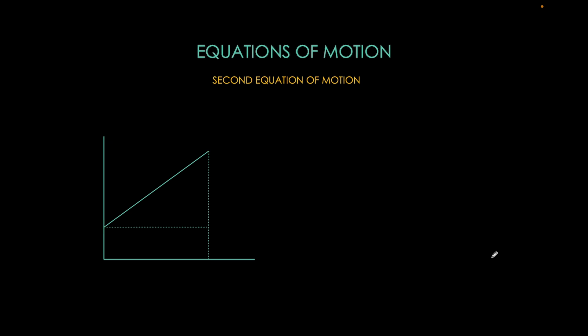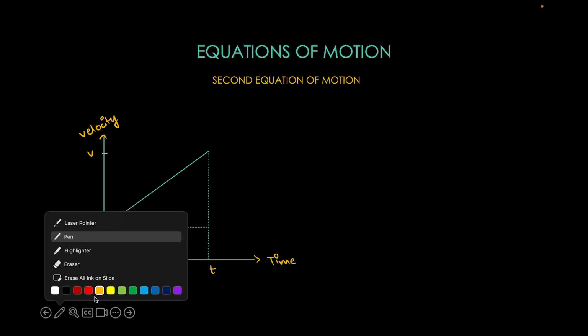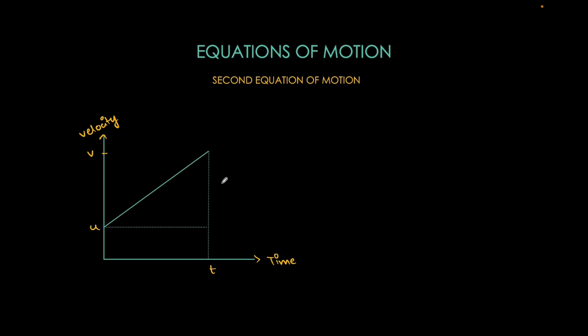So we'll have this same graph, okay, and it will be the same velocity time graph. So here we have velocity and here we have time, right? This point is u, this point is v, and this point is t, right? Okay, so for this graph we'll try to find the sides also.